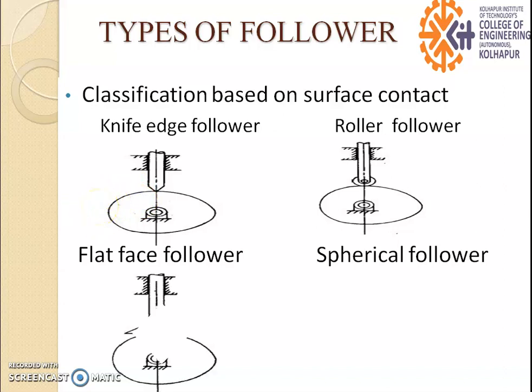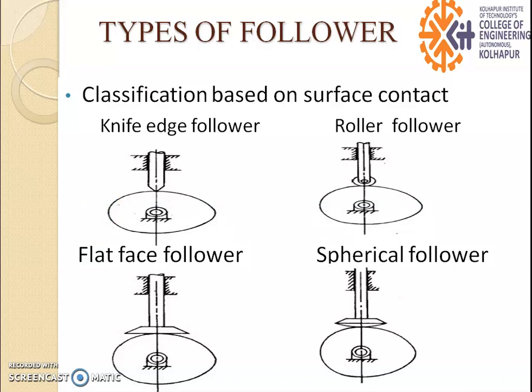In a flat face follower, the contacting end of the follower is perfectly flat. The relative motion between the contact surfaces is largely of sliding nature. Spherical follower is a modification of the flat face follower. High surface stresses can be reduced by using a spherical face follower.